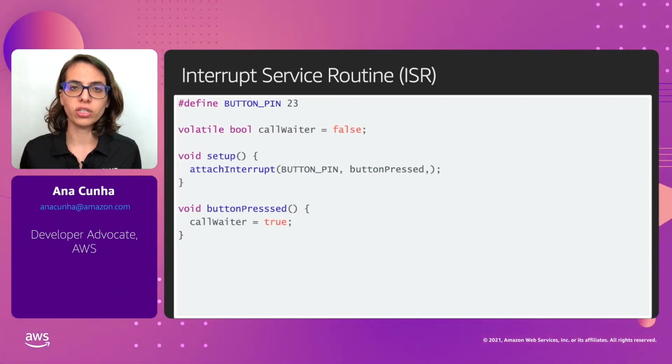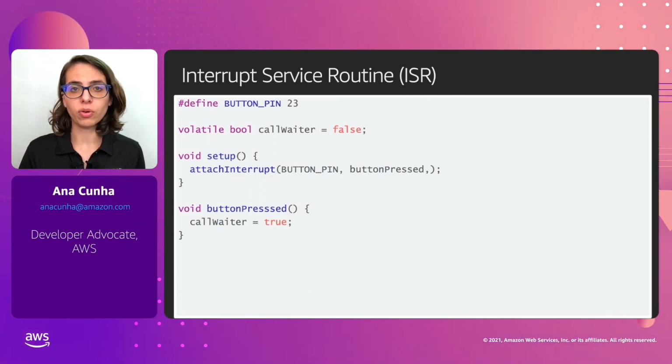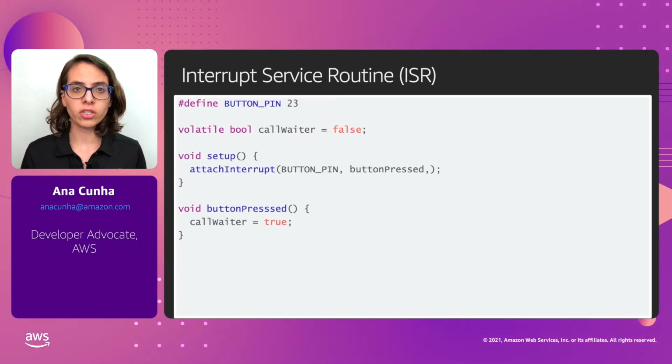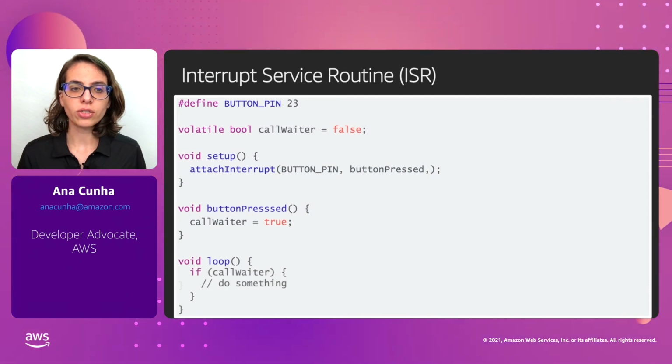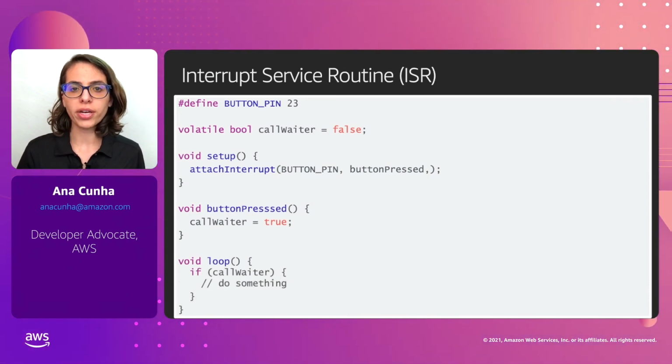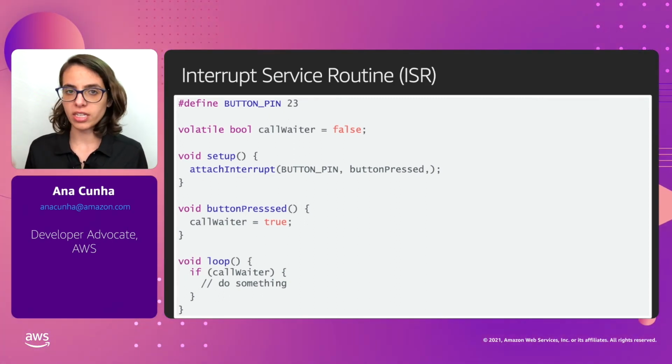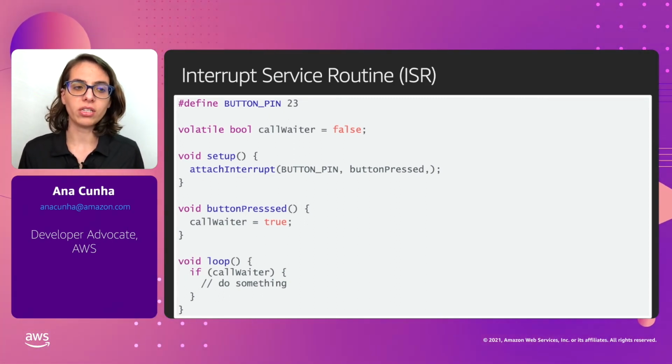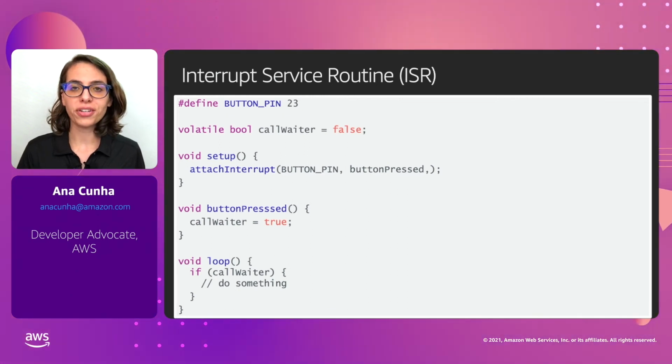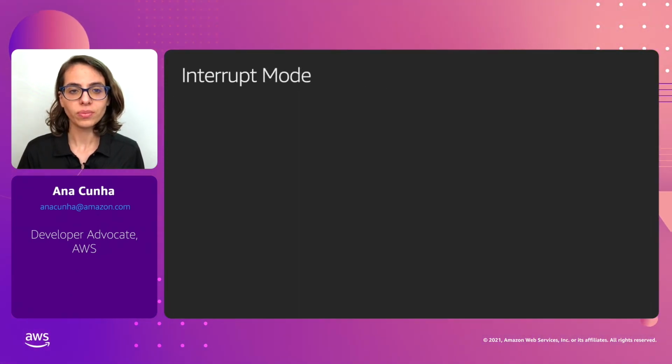Like we mentioned before, we want this to run as fast as possible. So the loop will be the one responsible for actually publishing a message to AWS IoT. The interrupt function will only change the flag. So inside our loop, we're going to check if call waiter is true and then do something based on that, like sending a message to AWS IoT and setting the call waiter flag back to false.